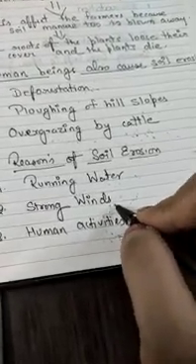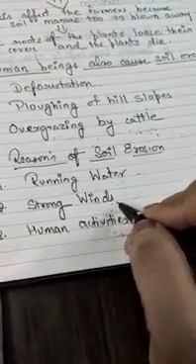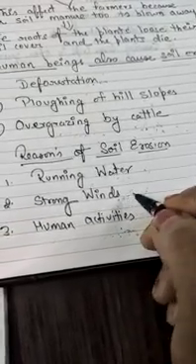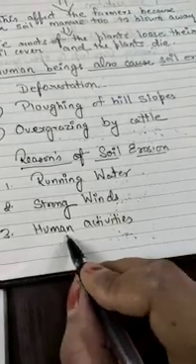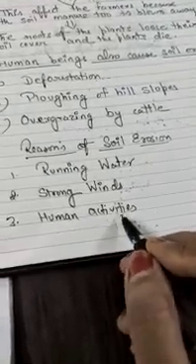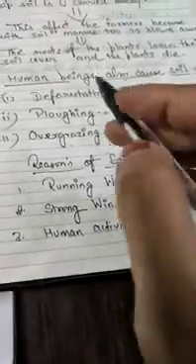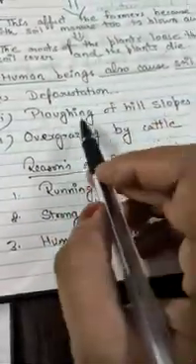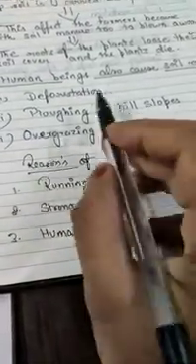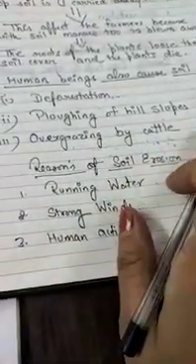So the roots of the plants become uncovered and the plants die over there. Now the human activities. What are the activities done by humans which lead to soil erosion? Basically deforestation, ploughing of hill slopes and overgrazing by the cattle. This we discussed yesterday.